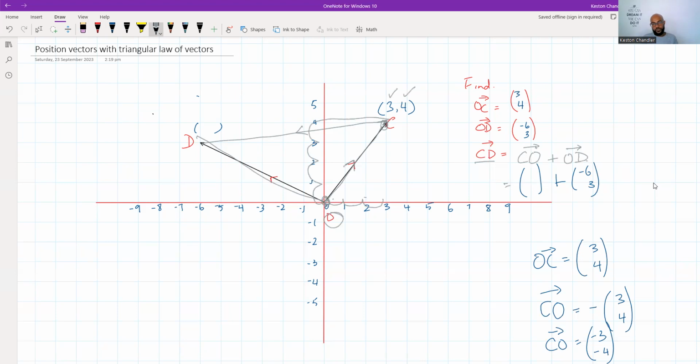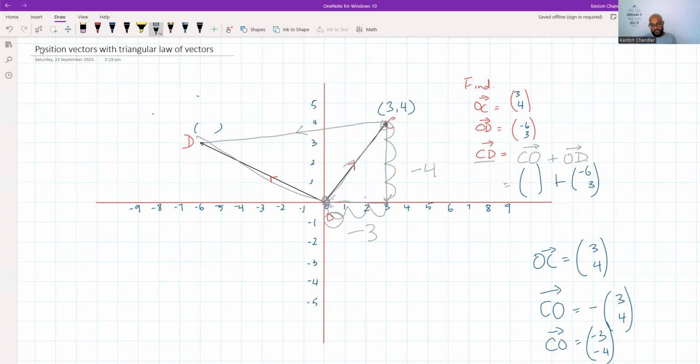But what if I want to go in the opposite direction? What if I want to go down instead, this way? And then to the left, this way. If I'm traveling down now, 1, 2, 3, 4, this becomes -4. Right? And if I go to the left, 1, 2, 3, this becomes -3.